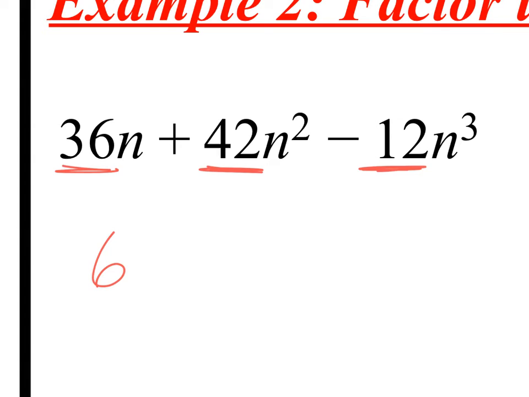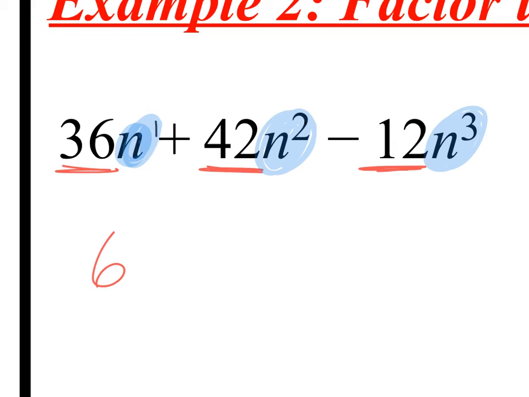Now look at the variables n, n squared, and n cubed, n to the third. This one out in front with just the n, what exponent does it have? 1. Good. Okay, so remember that for me. That one has a 1.